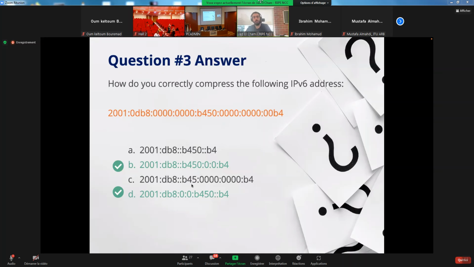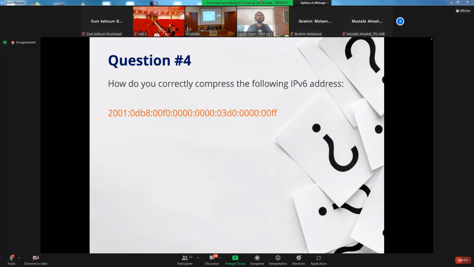C is wrong because B450 is not B45. Again, if you have $450 in the bank, it's not the same as if you have $45 in the bank. So you only remove the leading zeros. These are the zeros to the left of a word, not to the right of a word.